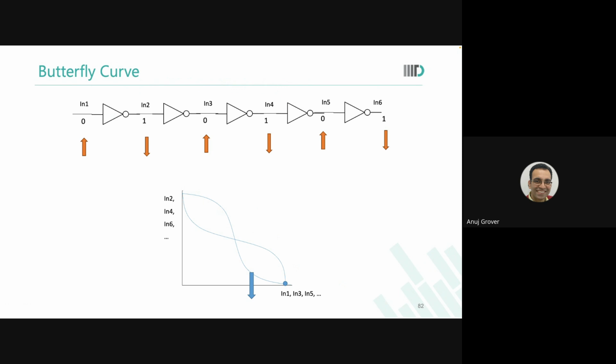I ended up with a 1. The cell has flipped. So it is clear that this amount of noise, this particular cell cannot bear. Are you with me? I've moved from lobe 0 to lobe 1. Not acceptable. This noise is too much.